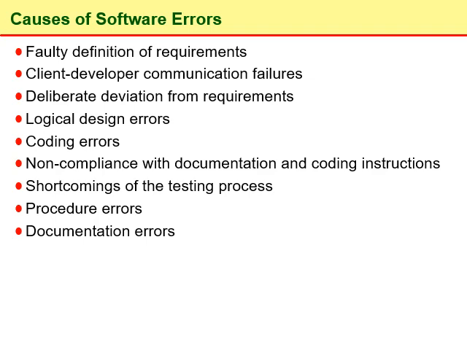The sixth cause of software errors is non-compliance with documentation and coding instructions. In fact, almost every development unit or department has its own documentation and coding standards that define the content, order, and format of the document and the code created by the team members.